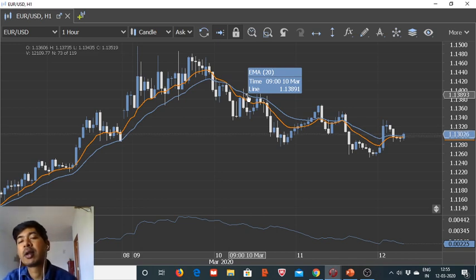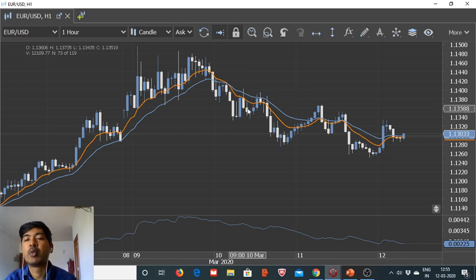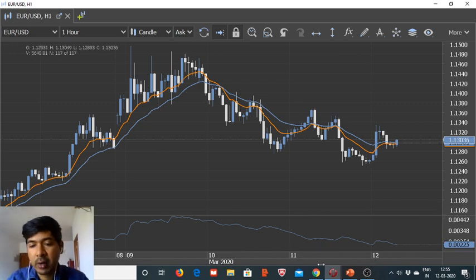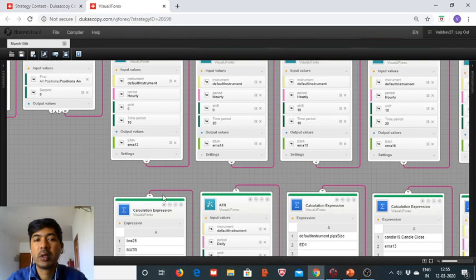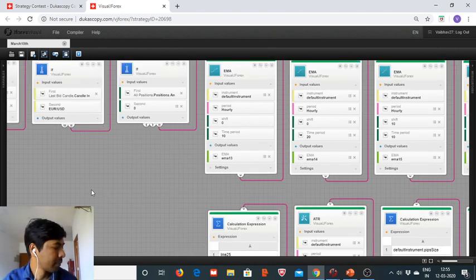To avoid such circumstances, we will also use the last tick price, and put in a condition that the last tick price should be below the EMA 10 for any sell trade and above the EMA 10 for any buy trade. So let's see what we have done so far in the algorithm section on the Visual J Forex platform.